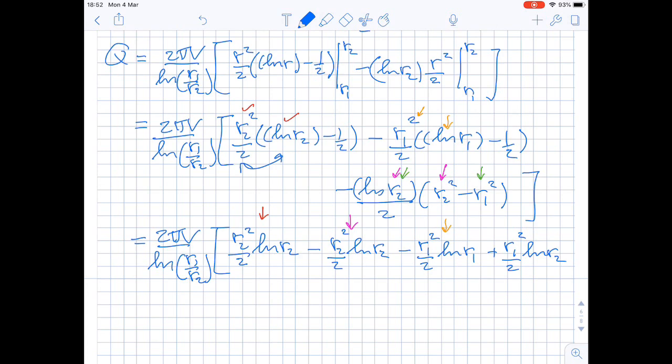The rest should be this term and that term. So I get minus R2 square over 4 plus R1 square over 4.